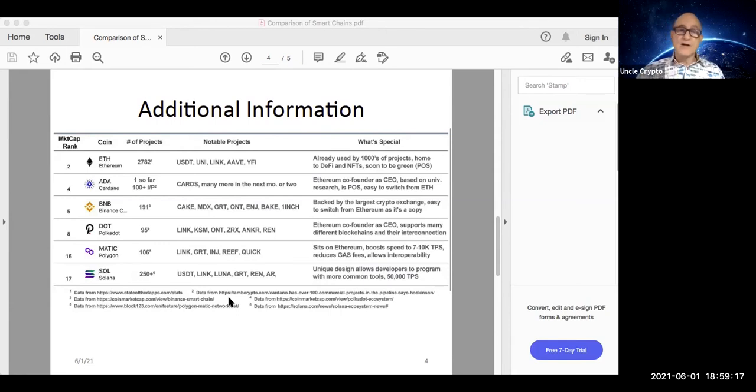So Charles decided to do that with ADA, with Cardano. Cardano has, I think, somewhere in the vicinity of 23 peer-reviewed scholarly scientific research papers that have been published that talk about the different things they are doing with Cardano that haven't been done before.